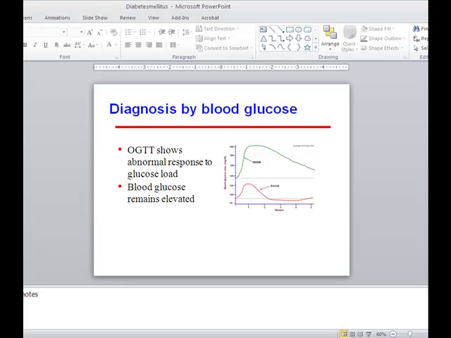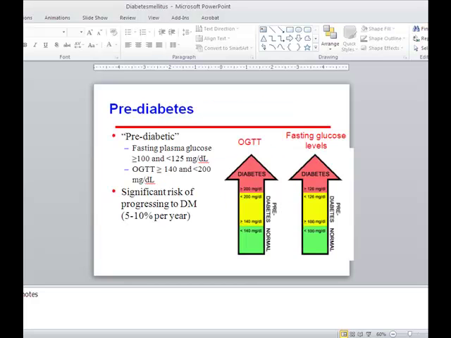Here, the blood glucose stays up for a much longer period of time. So 2 hours after consumption of that glucose, it's way up here.